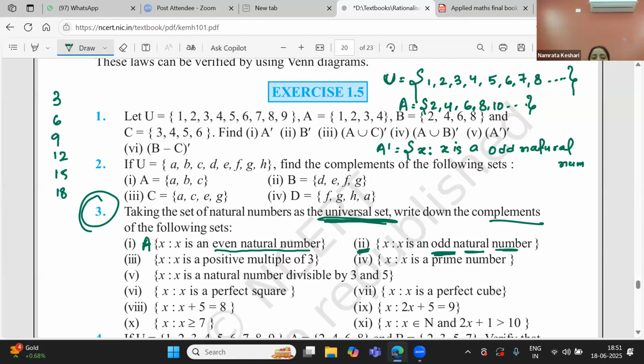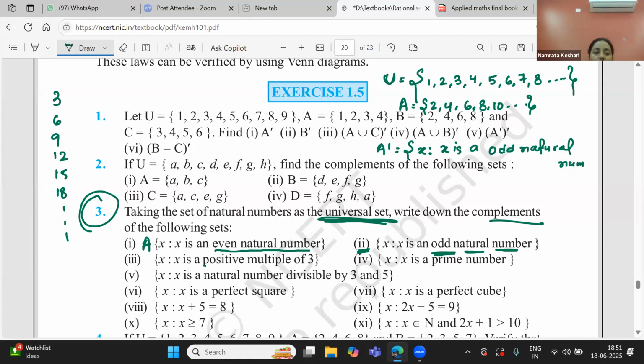Here you have to take the complement of this set, a set containing these elements. You can see the table of 3. And multiples don't end at 3 times 10 is 30. No, it will not end there; it will keep on going.